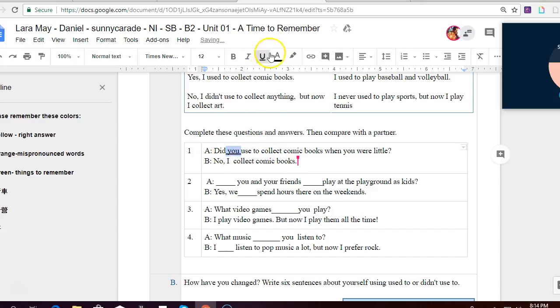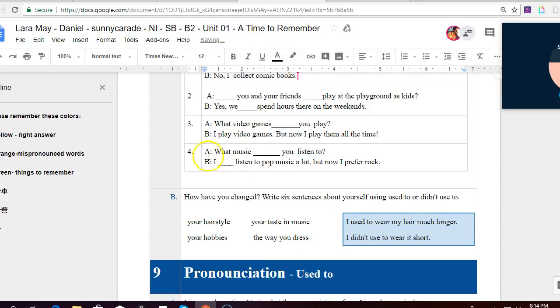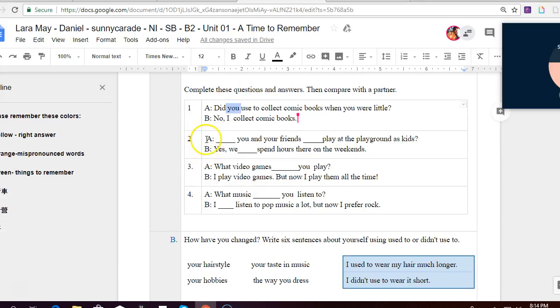Okay, good. So now, I want you to answer number 2 on the part letter A. Look at this one. What is this? Is it noun or verb? No. Okay. So what word should you use? Did. Okay, good. Very good.